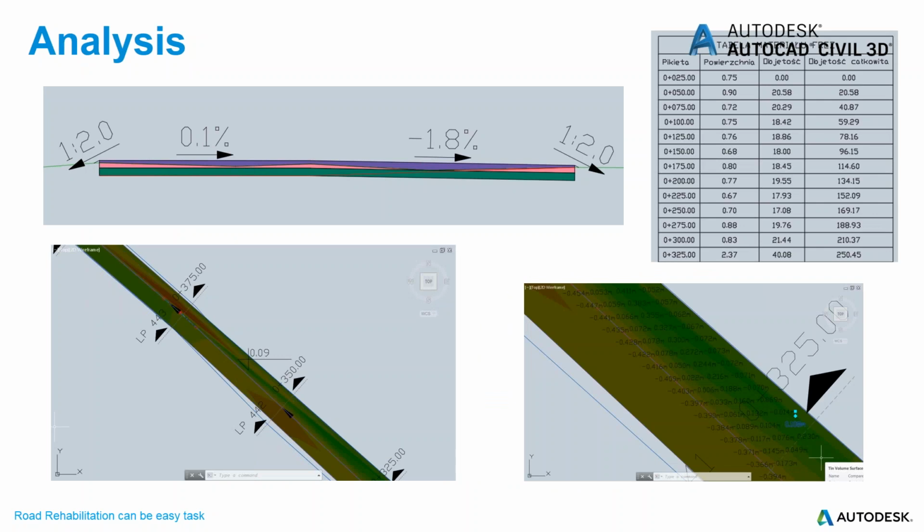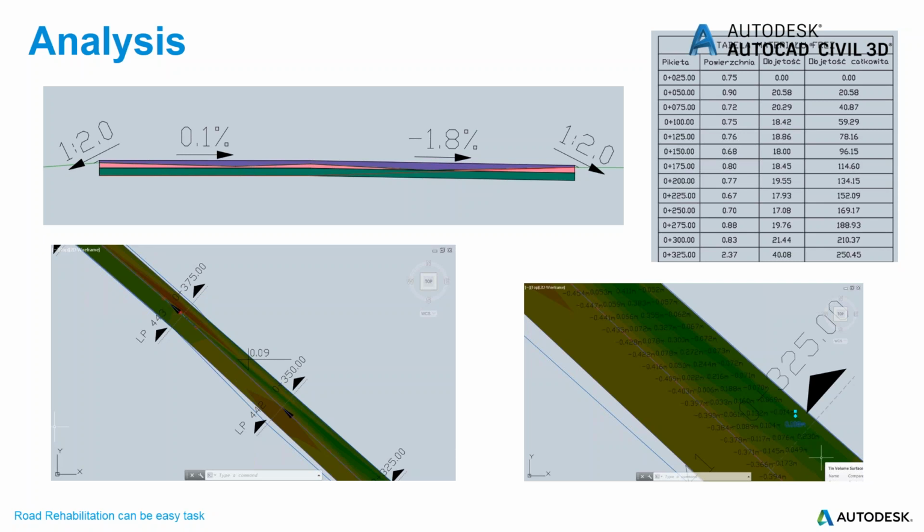Or within Civil 3D, we have also another way of analyzing it. So I can display a volumetric report based on cut and fill. I can visualize it in different colors, in different values. And here is something what we call a heat map. If I want to display how much overlay I will have or how much milling I will do, I can tell, okay, if it's 1 centimeter, it will be some different color.